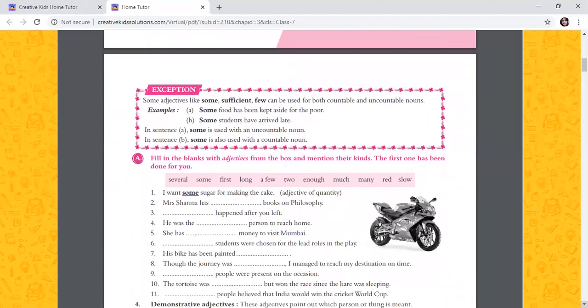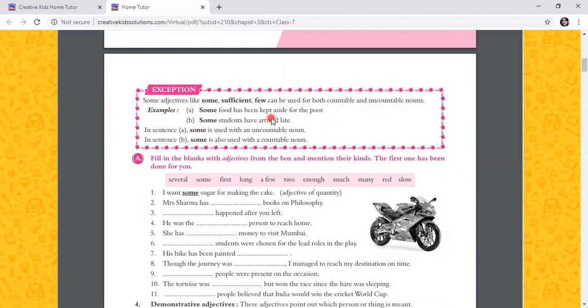There are some exceptions, a few cases like some, sufficient, and few. They can be used for both countable and uncountable nouns. Remember, some, few, sufficient are adjectives which can be used with both countable and uncountable nouns.